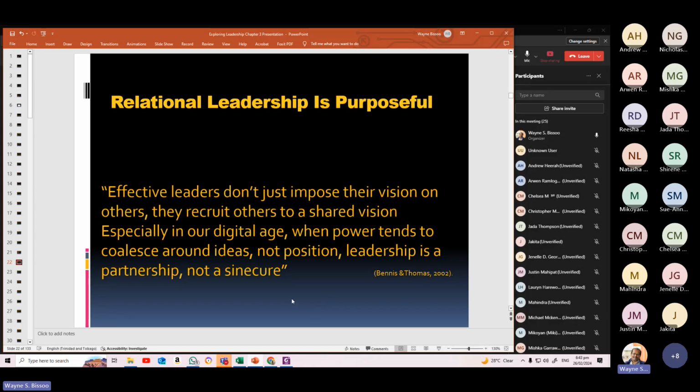Now, that is really important for us to remember, especially now, because organizations can emerge very rapidly if you understand how to utilize the digital space around you and the digital social spaces around you. And there's no more of an excuse that you couldn't get other people's positions and points of view in order to develop a shared vision of where you want to take something in the future.